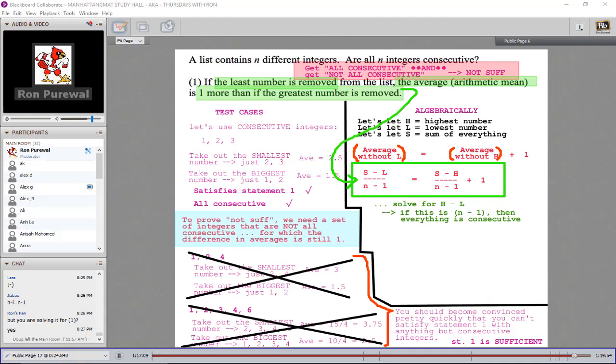So if we multiply everything by n minus 1, that's going to give you S minus L equals S minus H plus n minus 1. It just knocks it out of these denominators and then puts it here. So S cancels.